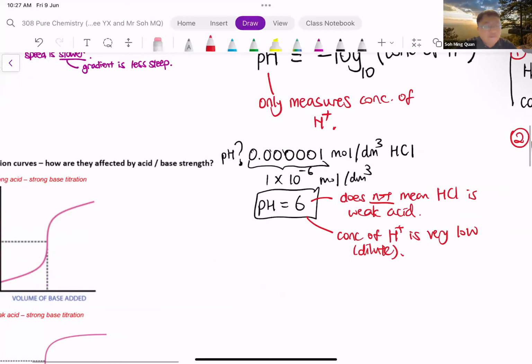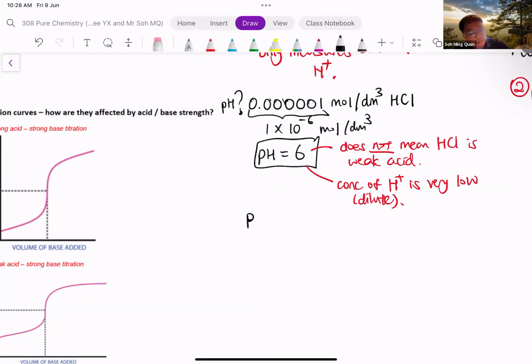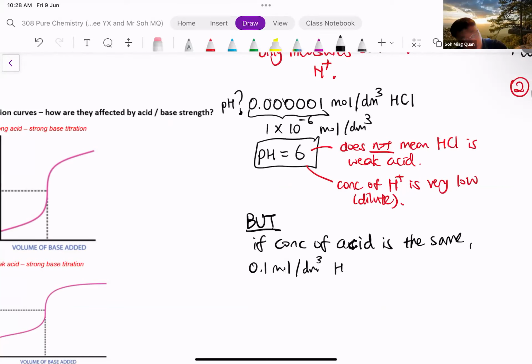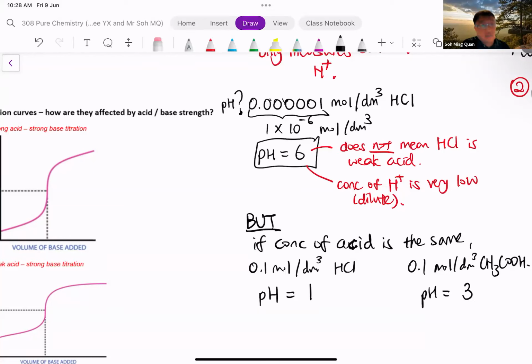Having said that, if the concentration of acid is the same, for example, 0.1 mole per dm cube HCl and 0.1 mole per dm cube ethanoic acid, so if you compare like for like, same concentration, then the pH will tell you what the strength of the acid is.